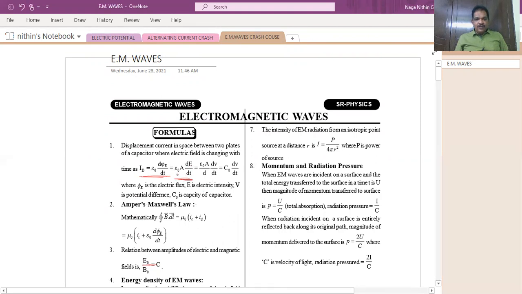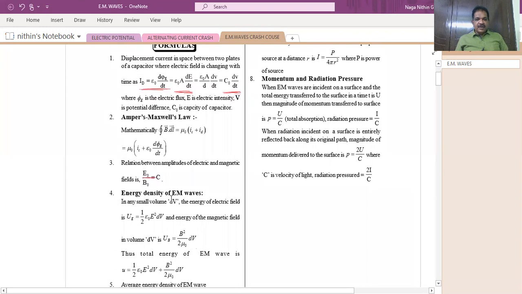E is equal to V by d, so taking d out, epsilon naught A by d into dV by dt, that is C naught into dV by dt. So three formulas are there for displacement current: epsilon naught d phi E by dt, epsilon naught A dE by dt, and C naught dV by dt. That is about the displacement current.